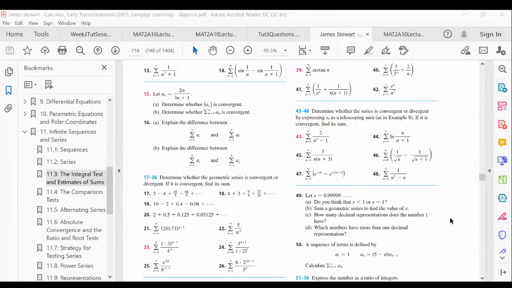Remember, a geometric series has general form A plus A times R plus A times R squared, and so on. And so in this case, I want you to go and think and write down what we mean when we say that this is a geometric series.